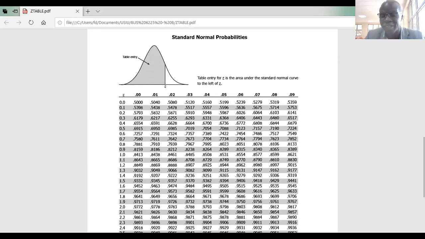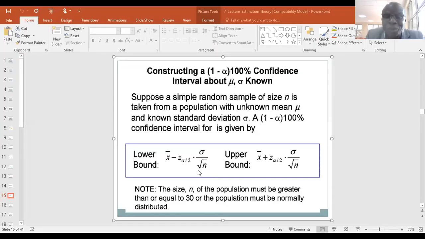It is this Z here, incidentally. I'll go back to my PowerPoint. This is what I'm talking about, this one. Are you seeing negative Z alpha over 2 here? On the other side, it is positive. On the left side, it is what?